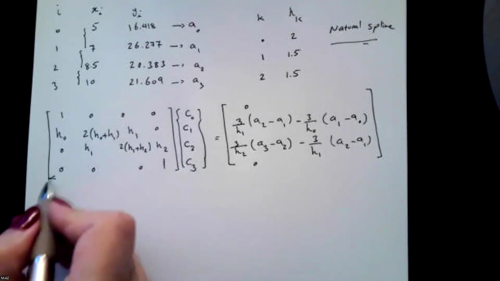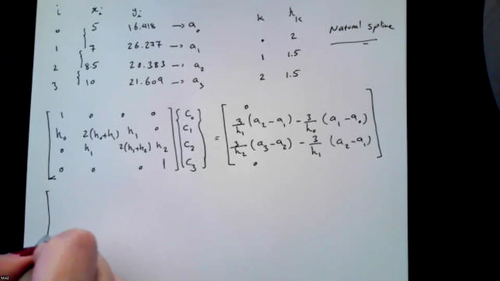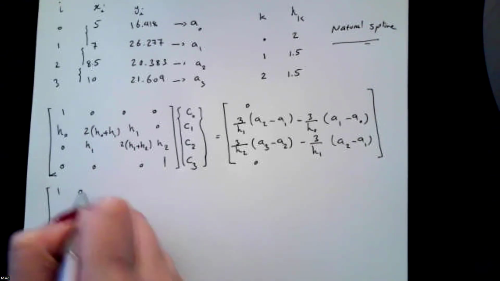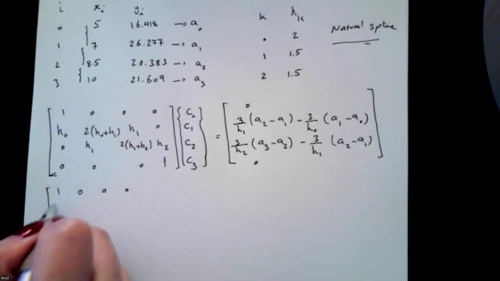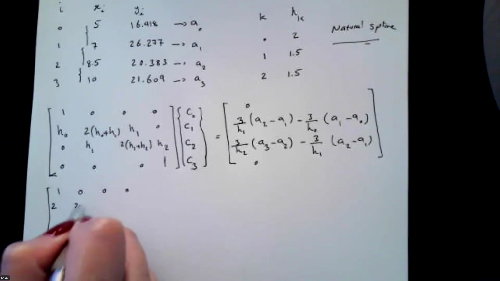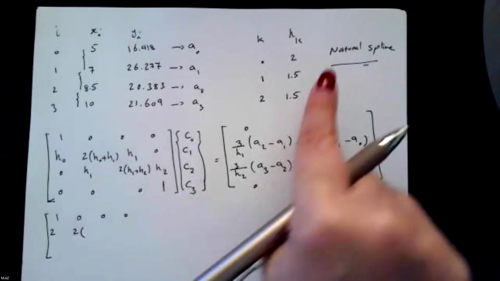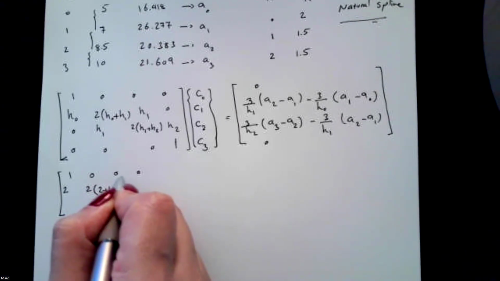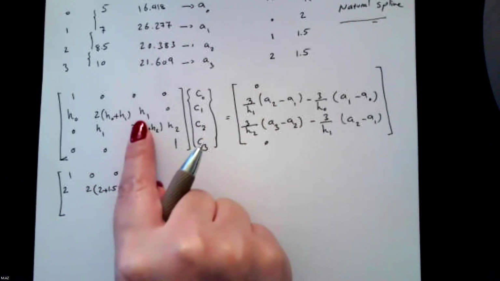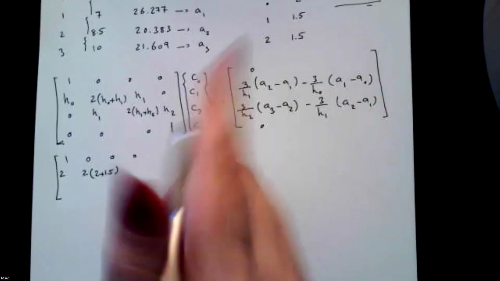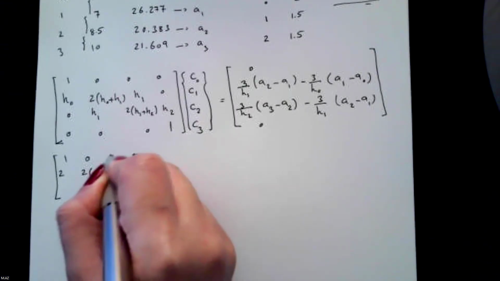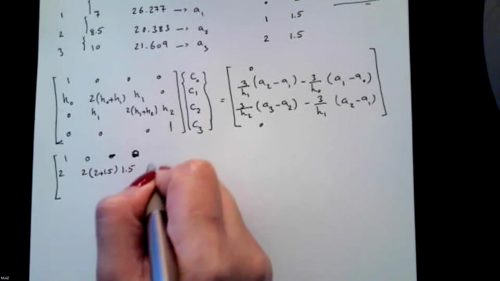Now we plug them into this matrix. 1, 0, 0, 0. Then h0 plus h1, 2 plus 1.5, and h1 is 1.5, and 0.